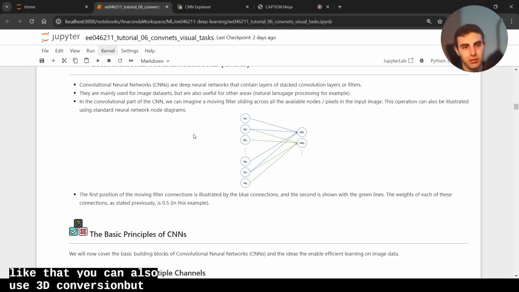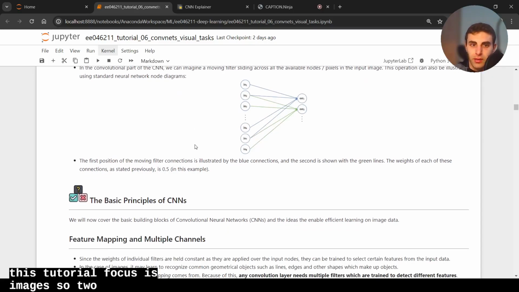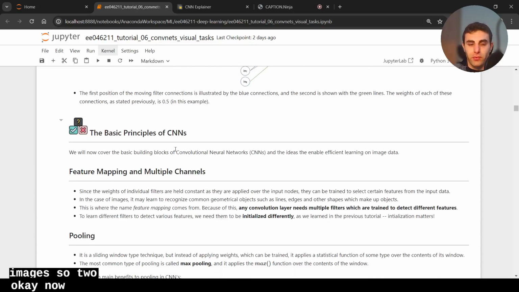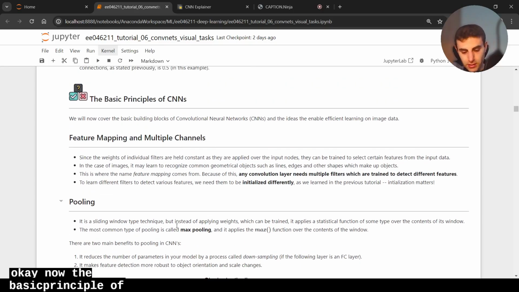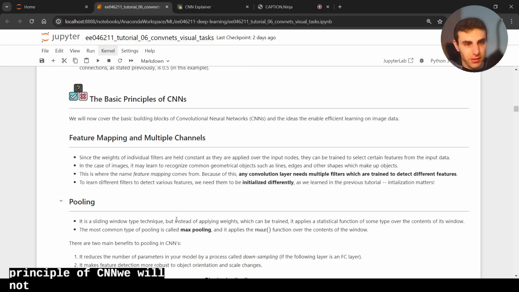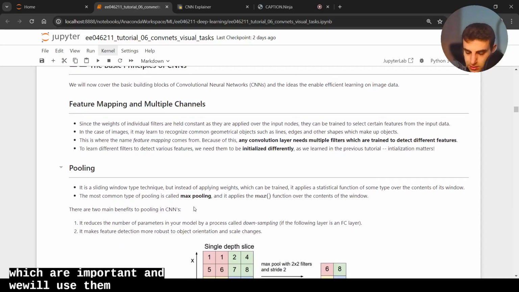But in this tutorial our focus is images, so 2D convolution. Now, for the basic principles of CNNs, we will cover several basic blocks which are important, and we will use them in the following tutorial.